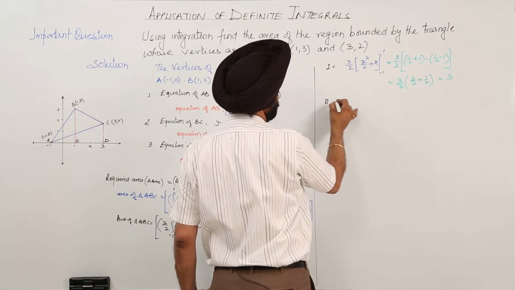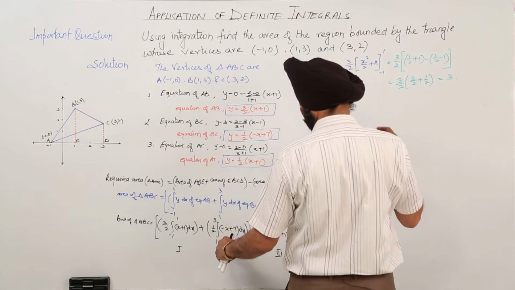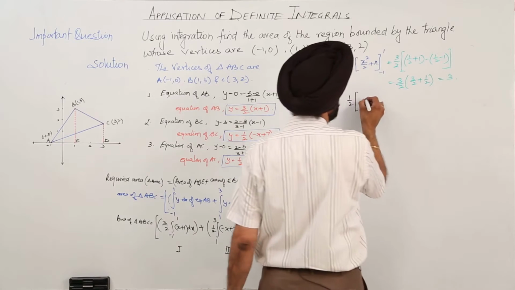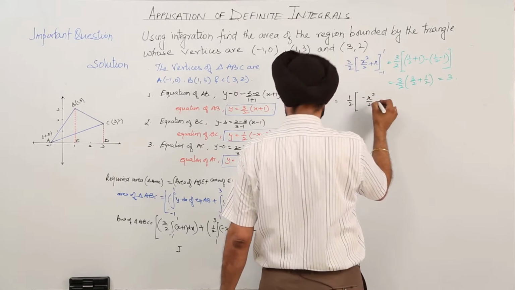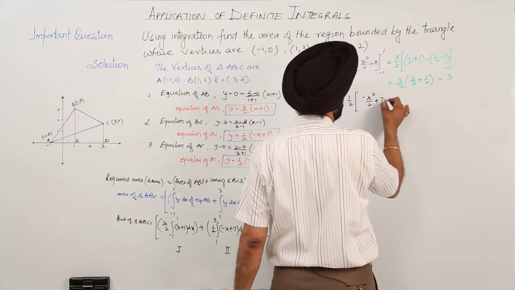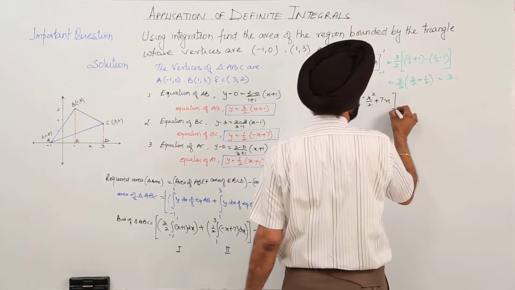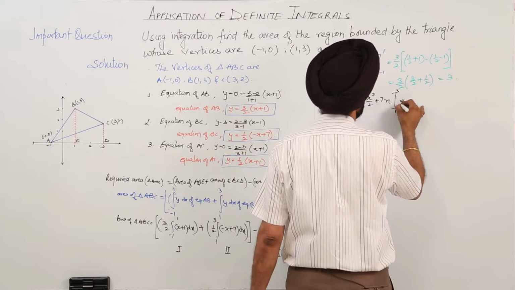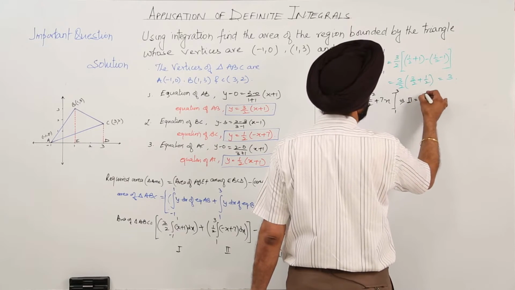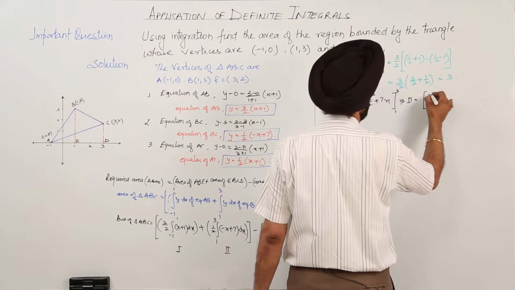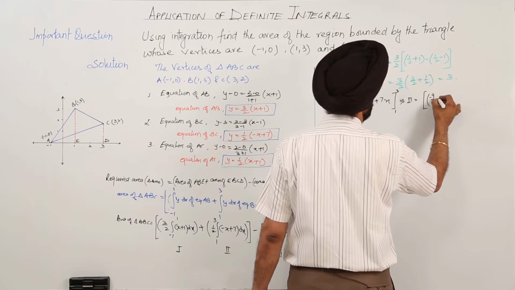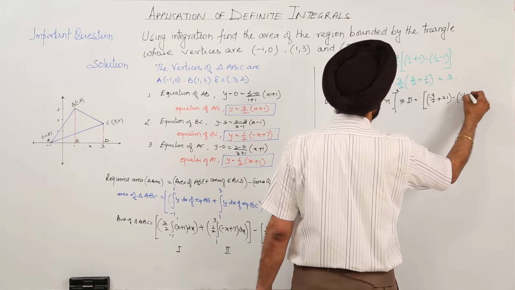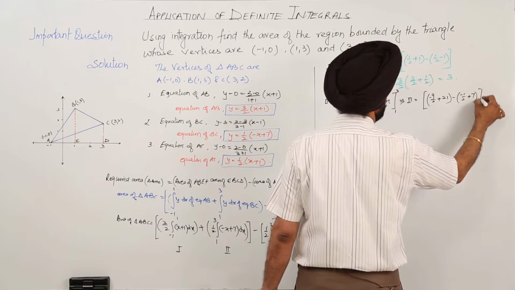Now the second is 1 upon 2 times (minus x square upon 2 plus 7x) from 1 to 3. Okay. So now this becomes (minus 9 upon 2 plus 21) minus (minus 1 upon 2 plus 7).